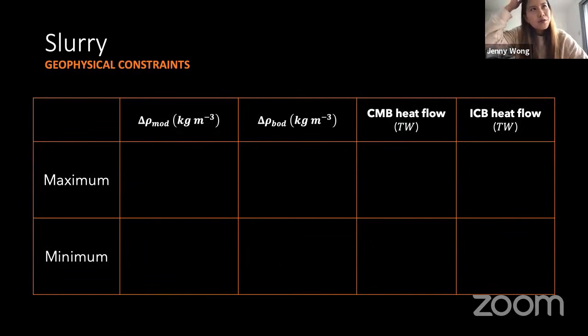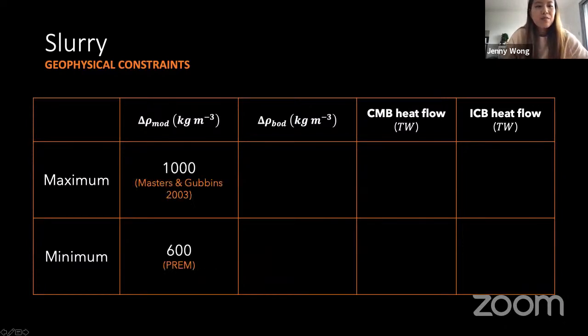So while I'm solving these equations, I'm always bearing in mind that there are some independent geophysical constraints which I want my solutions to agree with. I mentioned the ICB density jump derived from normal mode data at the beginning of the talk.